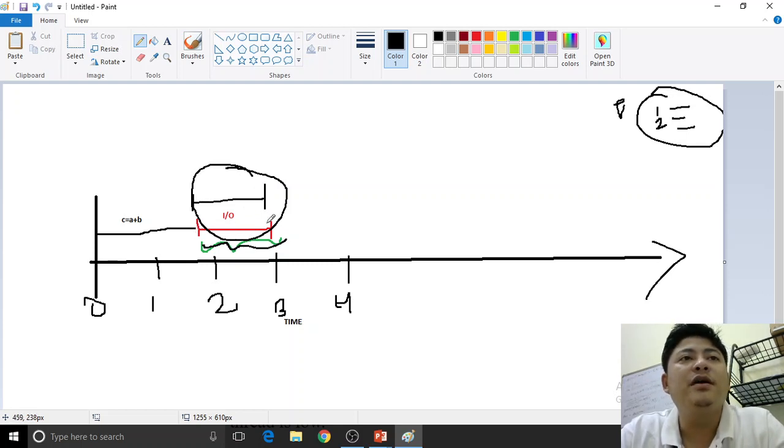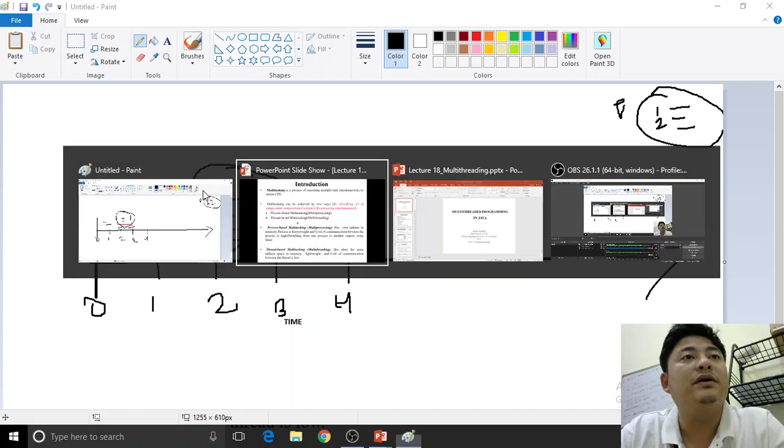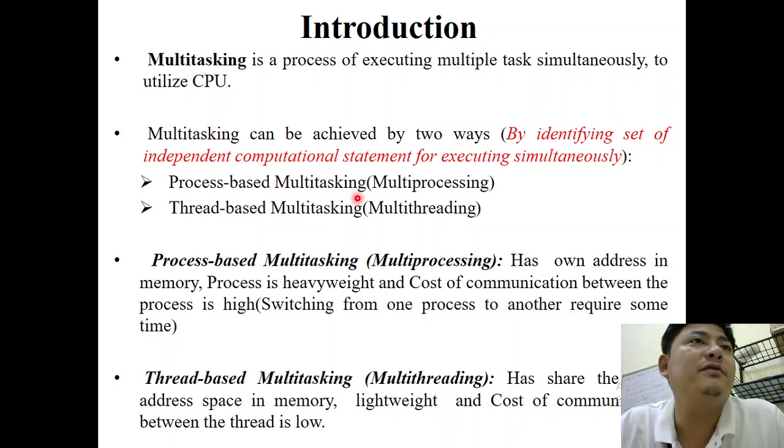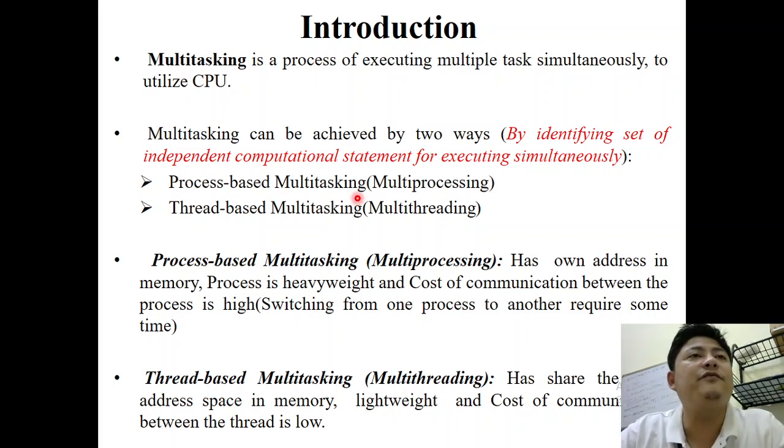From here to here, the system was handling some IO activity. In order to use the CPU maximally, I have used this time to perform some other computation, maybe x equals y plus z. That kind of processing is known as multitasking. There are two different kinds of multitasking that you can perform, process based and thread based.